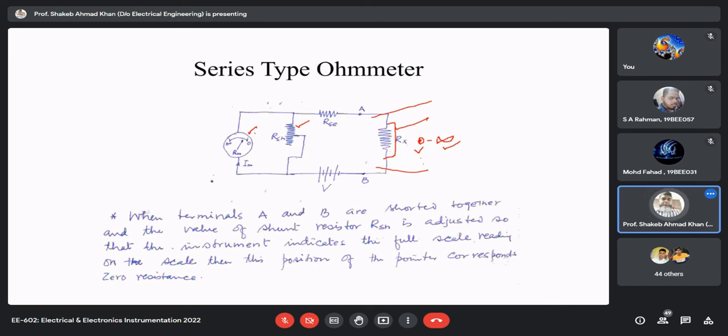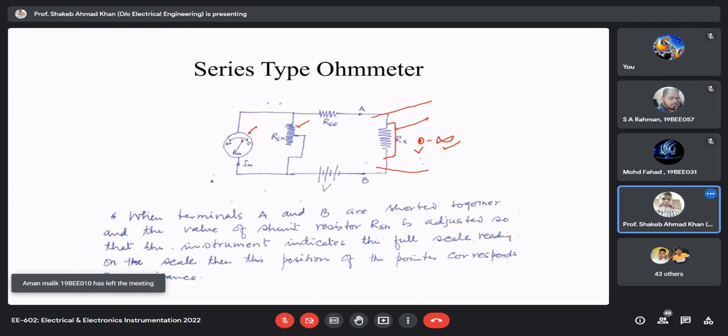This is the permanent magnet moving coil meter. Under this condition, when the input terminals are shorted, maximum current will flow. Then we should have a suitable value of shunt resistance, so that it ensures that under that condition, the full rated full scale current flows through the meter. This is the significance of shunt resistance. That's what I had written here.